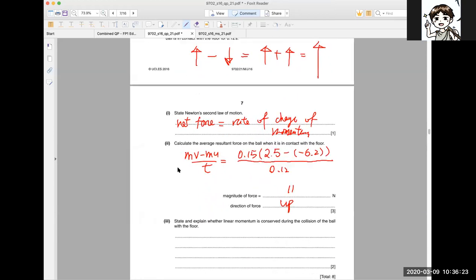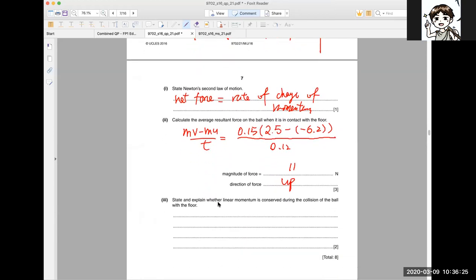And then the other two marks: explain whether the linear momentum is conserved during the collision of the ball with the floor. Conserved or not?